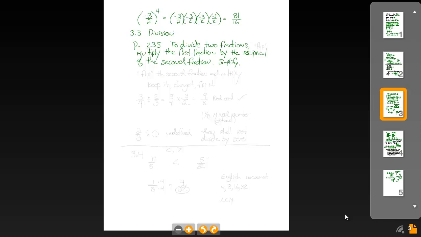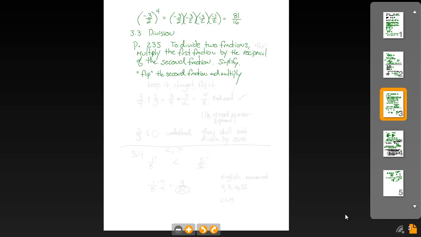Turns out the rule, as written in the book, might be a little bit hard to remember, especially since it has this word reciprocal. But you'll never hear me explain it like the book does as we're going through it.